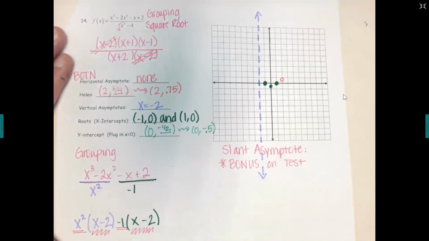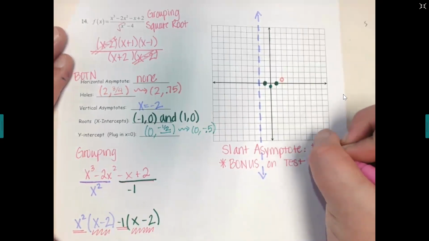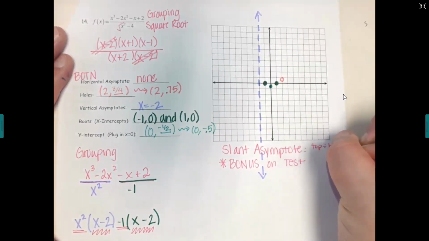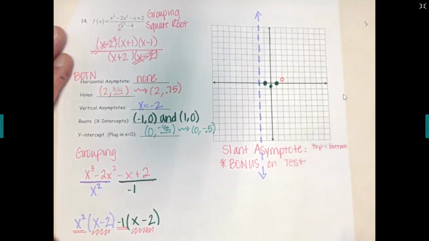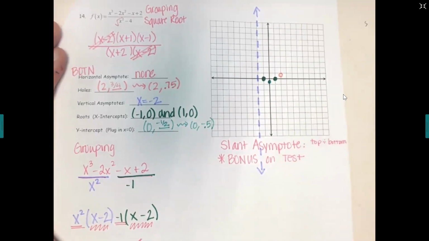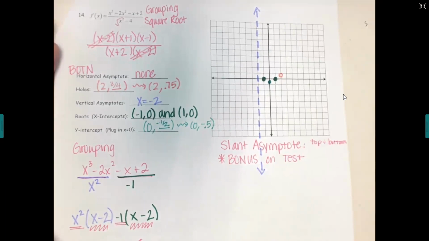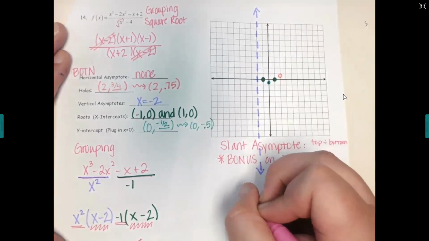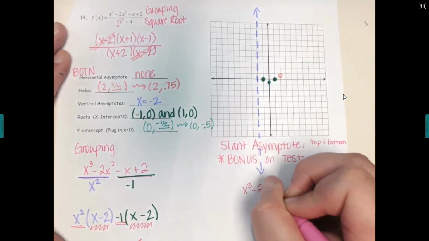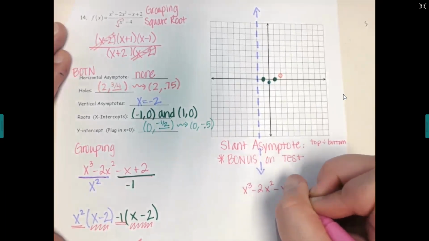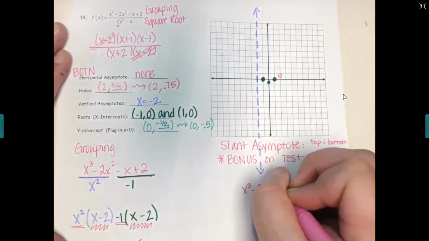So remember, for the slant asymptote, you do the top divided by the bottom. You pretty much always have to use long division unless it's a nice, easy x -2 on bottom or something. So the top was an x cubed minus 2x squared minus x plus 2.